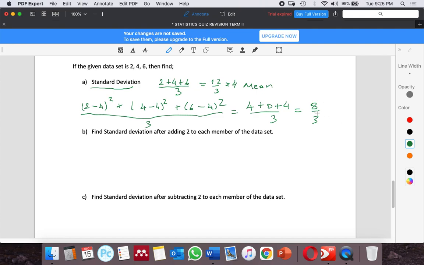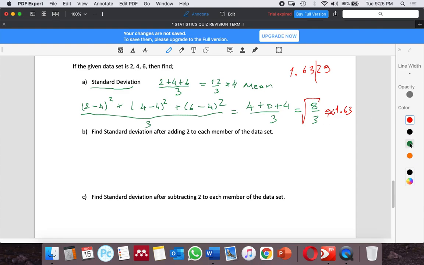The square root of the variance is the standard deviation, so I have to take the square root of 8 over 3 using the calculator, which is 1.6329. If the question says round to the nearest hundredth, the third digit is 2, which is less than 5, so I leave it as 1.63. Approximately 1.63 is my standard deviation.